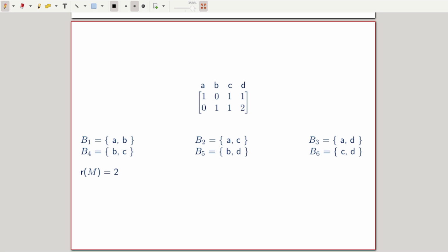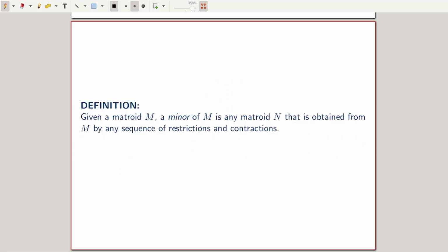We are familiar with many operations on matrices, but if by chance we decide to, for example, look at only some of their columns, we might stumble upon a minor. Given a matroid M, its minor is any matroid N that is obtained from M by a sequence of restrictions and contractions.